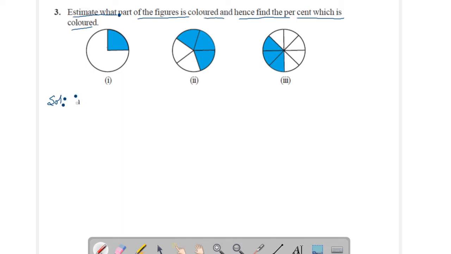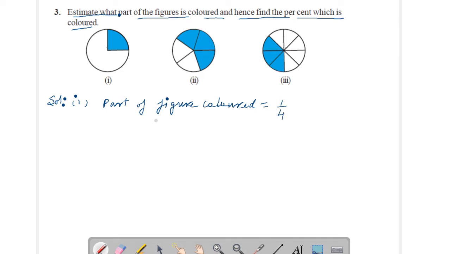First part, here part of figure colored is 1 upon 4.